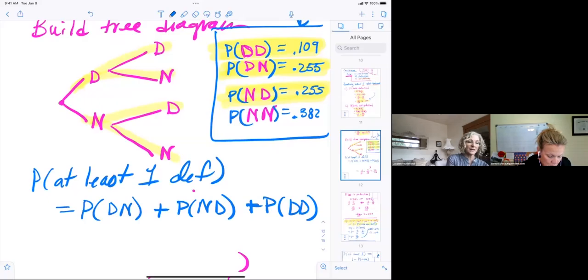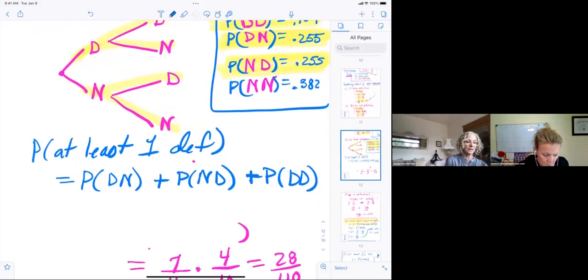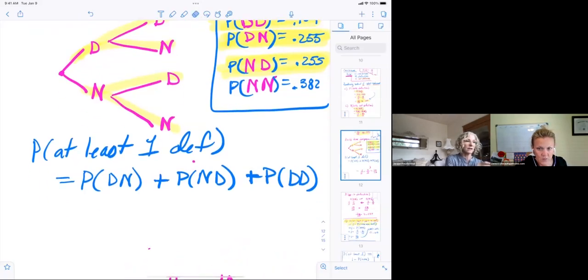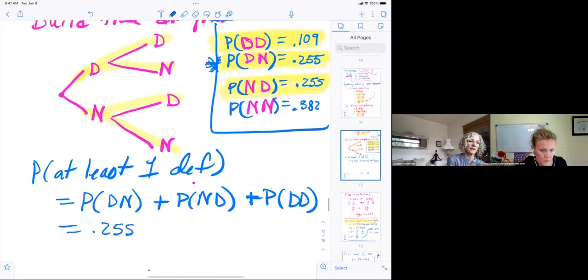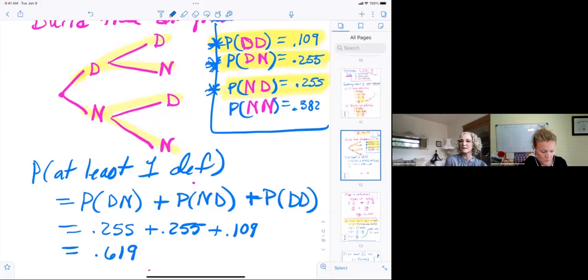Those are all the ways that at least one is defective. So if I add those up, coming back up here to the table, 0.255, not defective and then defective, again 0.255, and the other case is here. If I add all those together, I get 0.619.